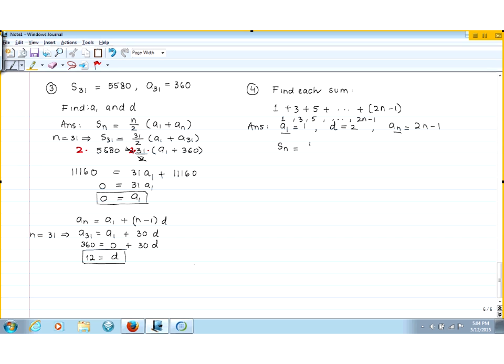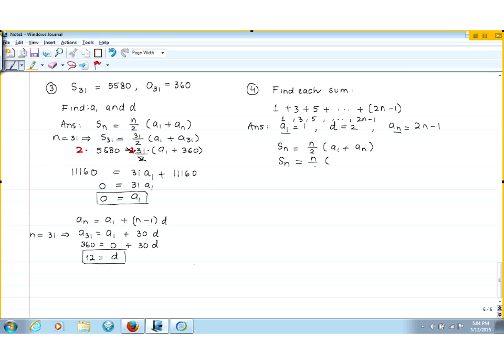So Sn, well, we know A1 and an. So Sn is just n over 2 times (A1 plus an). We don't know how many terms there are, but we will just leave it as n.